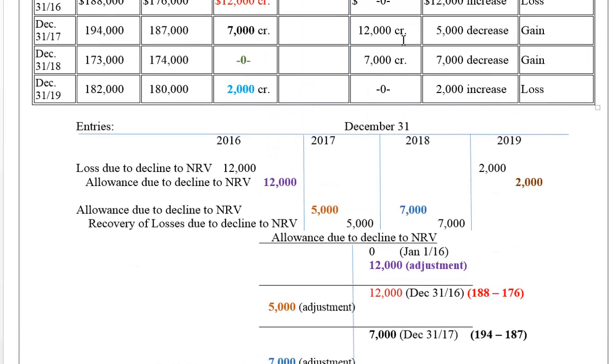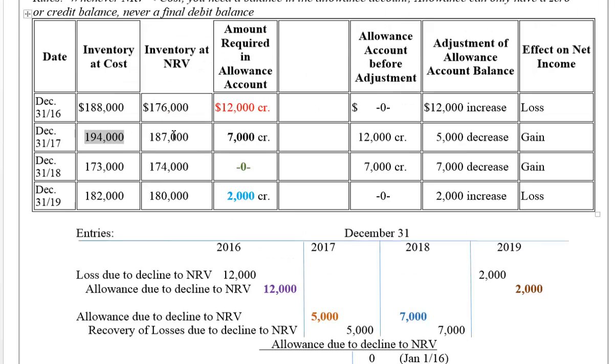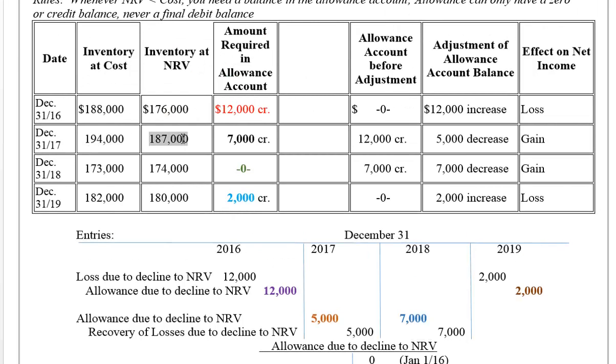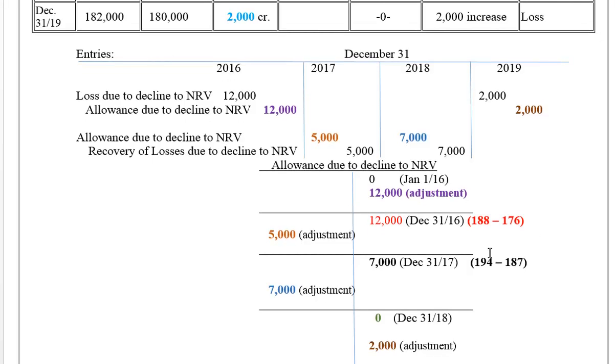Now, if we go into 2017, we have inventory at cost, $194,000, and NRV is less than cost. So we need to have the difference between these two numbers in the allowance account. Right now we have a $12,000 credit balance. We need to have a $7,000 credit balance at the end of 2017. The only way to take it from $12,000 to $7,000 is to debit the allowance.